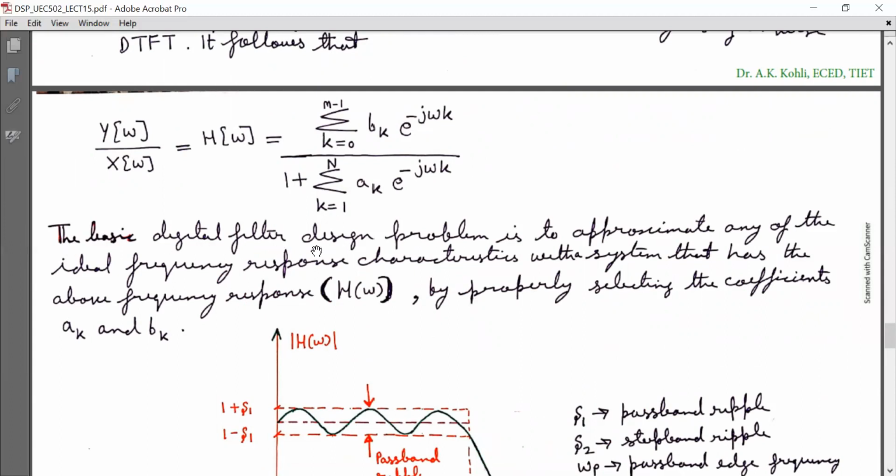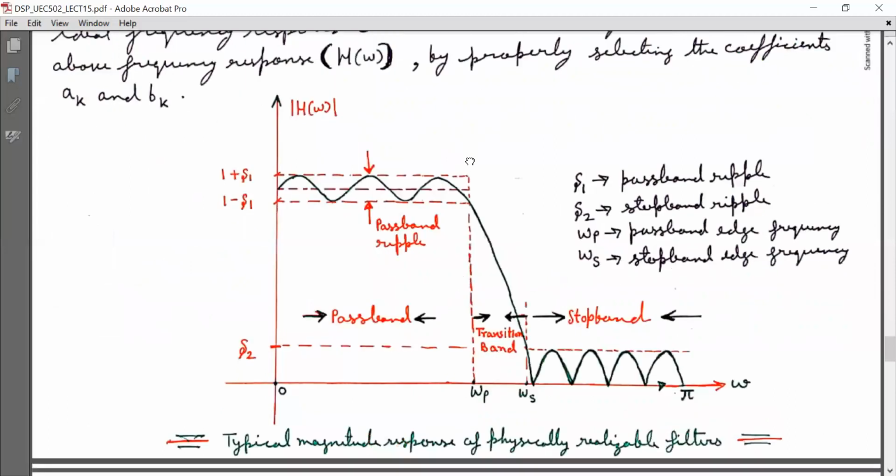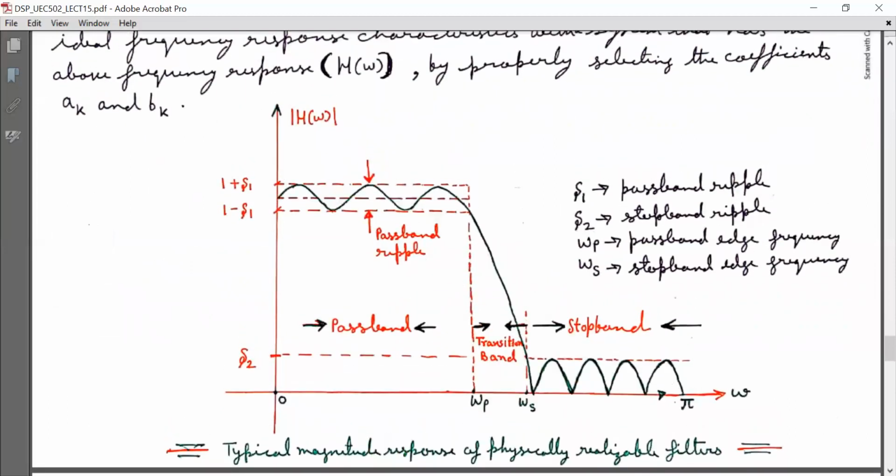The basic digital filter design problem is to approximate any of the ideal frequency response characteristics with a system that has the above frequency response H(ω) by properly selecting the coefficients a_k and b_k. So I need to choose a_k and b_k, and the corresponding typical magnitude response of a physically realizable filter is like this.